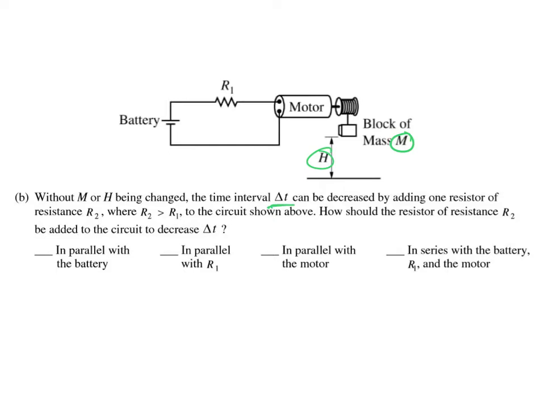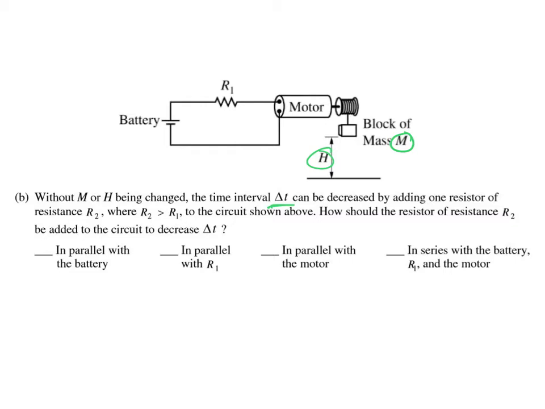How can we make delta t smaller by adding more resistors? So we can add a second resistor. It says that R2 is greater than R1. I'll be honest with you, it really doesn't matter. R2 could be identical to R1, R2 could be less than R1, but the question is, how should the resistor of resistance R2 be added to decrease delta t?